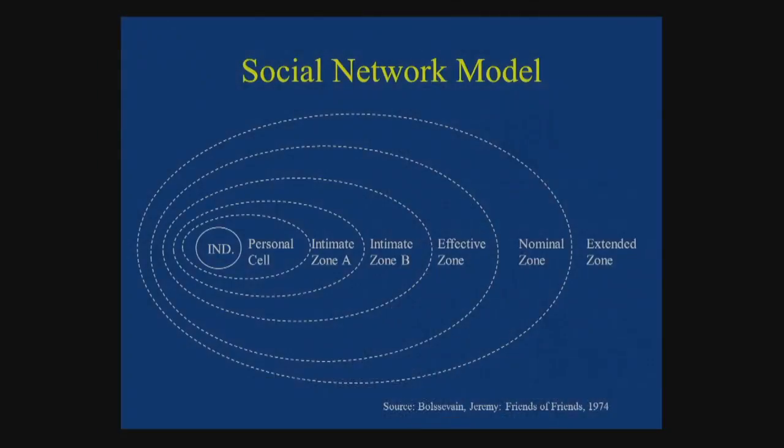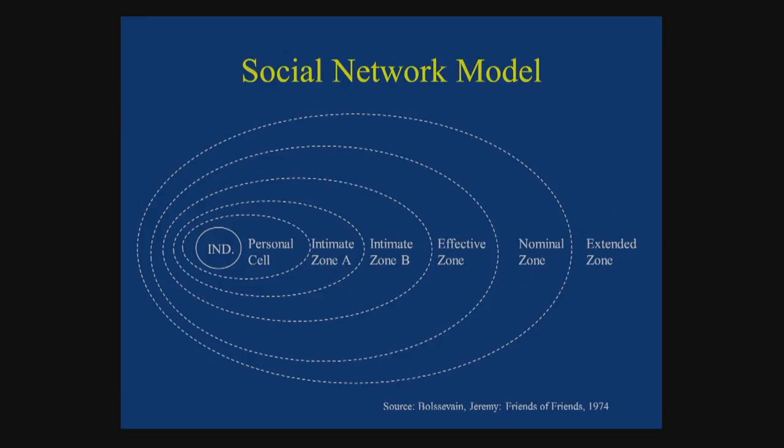If you can think about who's in that cell, it's the people who are closest to you in your life. And one of the things that's really important about this network model, and which we'll see coming and going, is that when anthropologists started to study social networks, they realized that they should not make assumptions about whether intimacy was related to kinship or not.